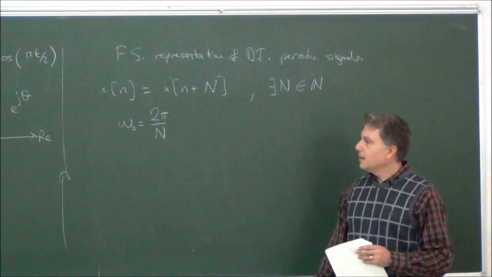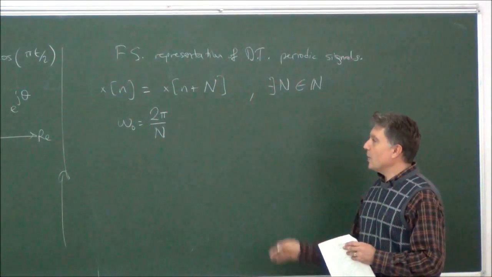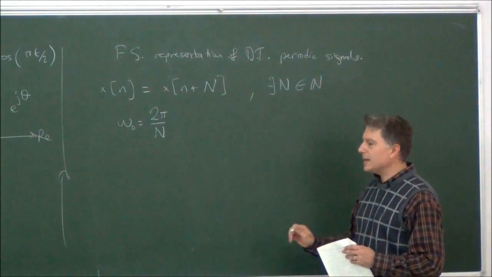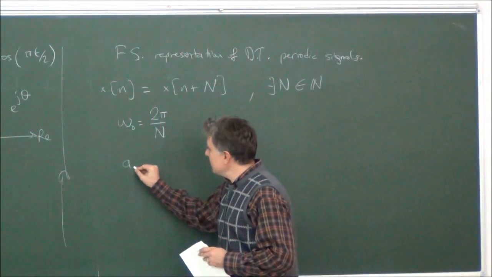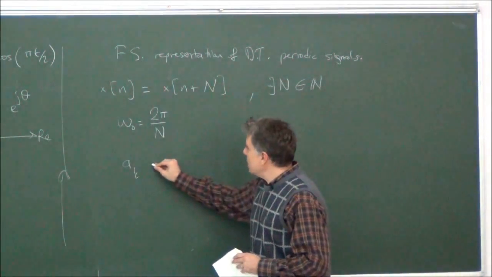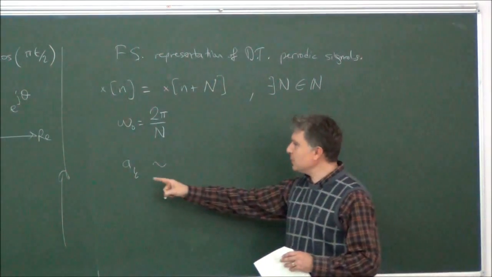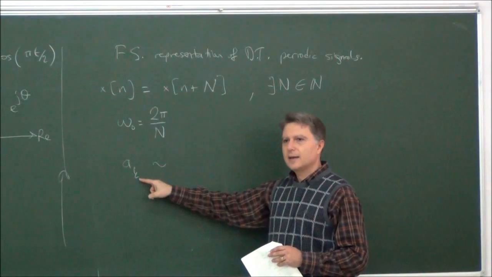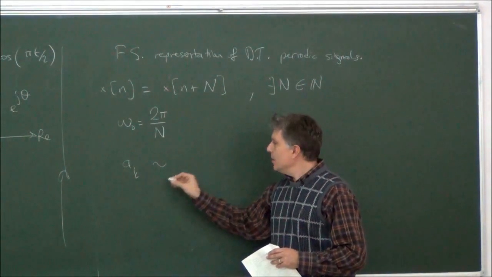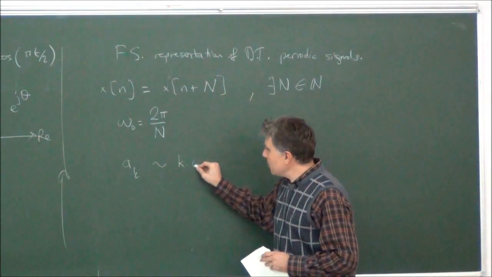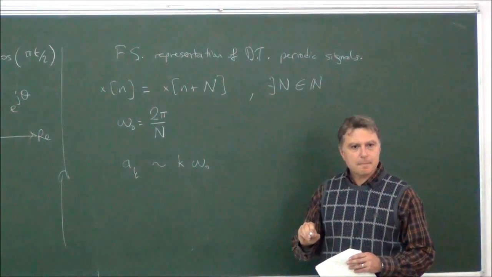Okay, another natural observation. We know that the Fourier series coefficients, the a_k's, are related with the corresponding frequency. What was the frequency of a_k? The kth harmonic. That was k times omega 0. You remember that?